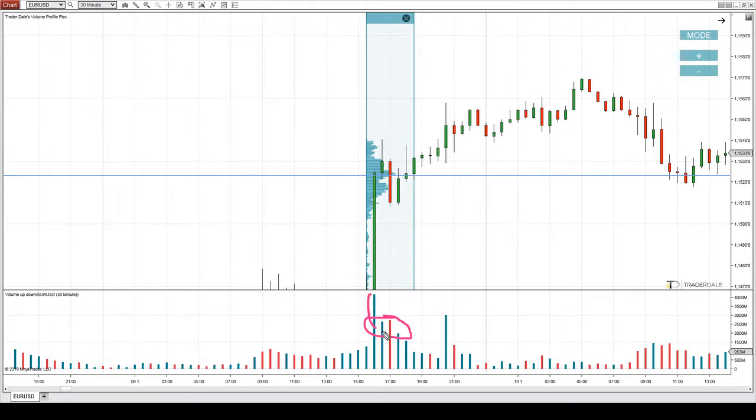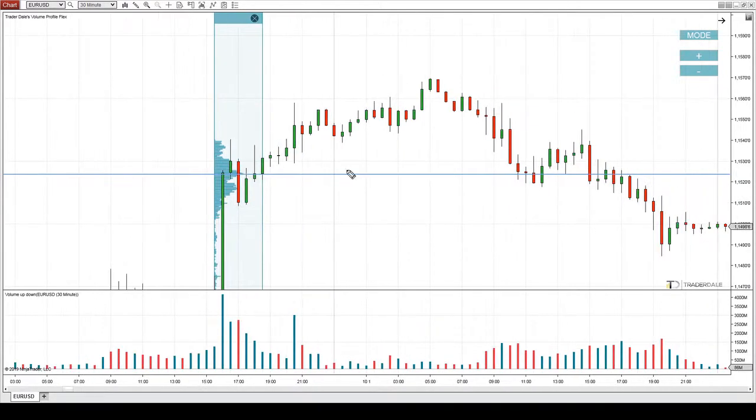Not only those candles, but this whole volume peak. As you can see, the price reacted to those volumes. As you can see, sometimes it matters exactly what volume peak you choose. Sometimes it doesn't, sometimes it does a bit.